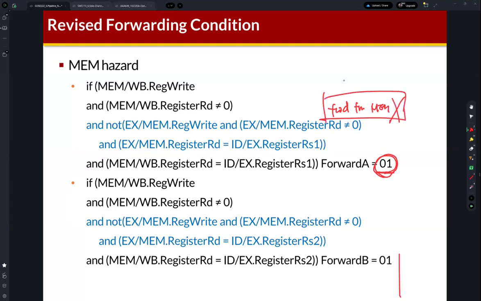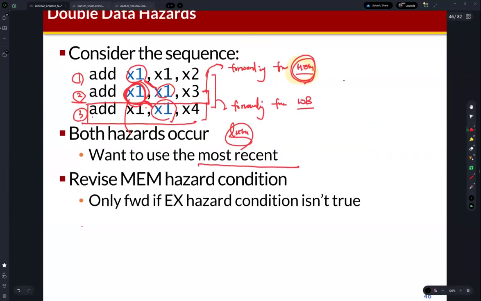So this condition needs to be inserted. So it means that there is a priority. If the data from memory and the data from write back are both possible, in this case we need to select the data forwarding from memory because this is the latest value.